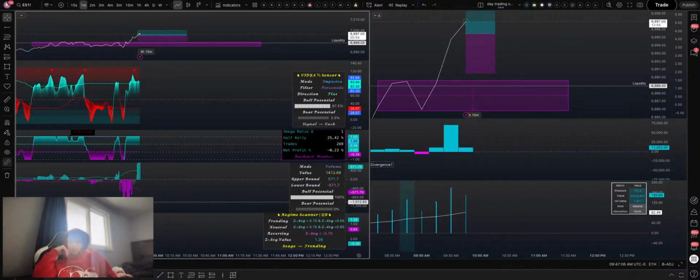However, I'm pretty skeptical. Buyers are in control. So let's see what happens here.